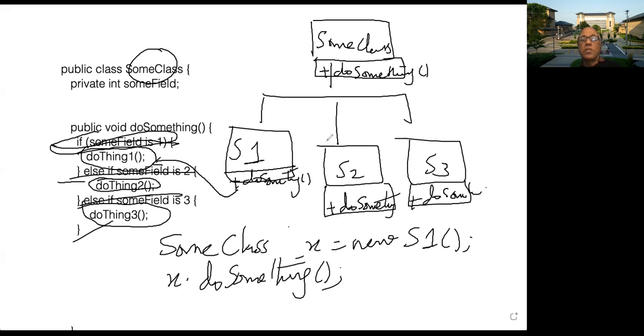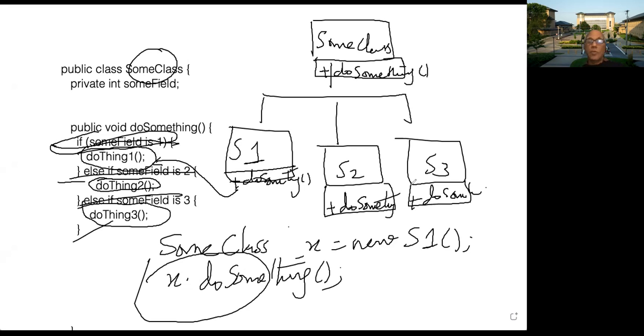And if it is S2, X dot do something will behave like this situation. And similarly for the case when this is S3. So you have got rid of all these conditionals, and you instead are using polymorphism, dynamic binding, actually, to get the appropriate behavior.